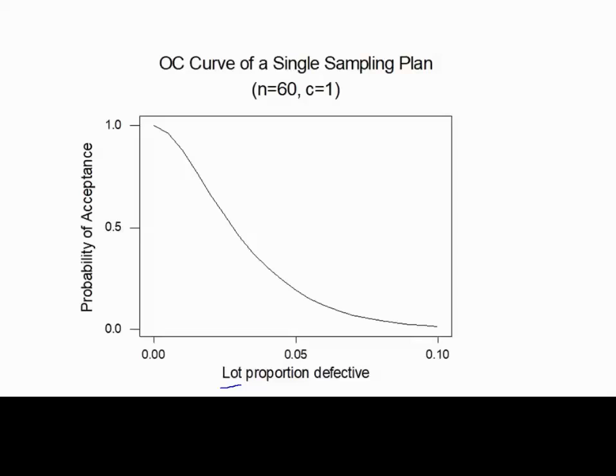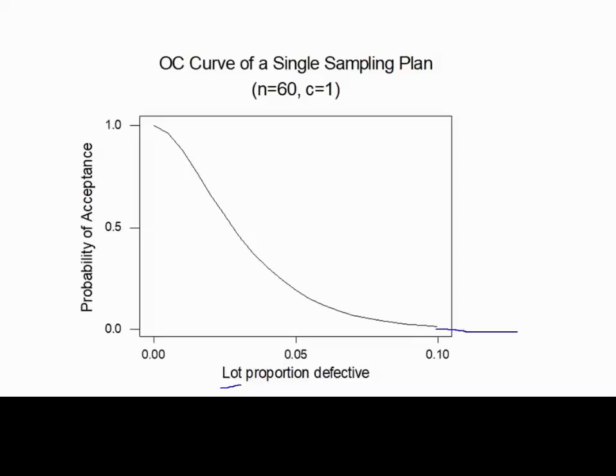Probability goes between 0 and 1, but if you multiply by 100, you get percents. And as the lot proportion defective gets high, like 10% defective, we have almost no chance of accepting that lot. It's just going to approach 0.